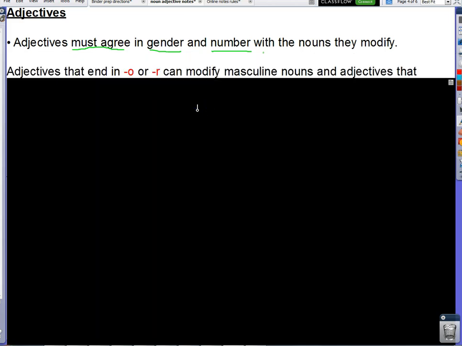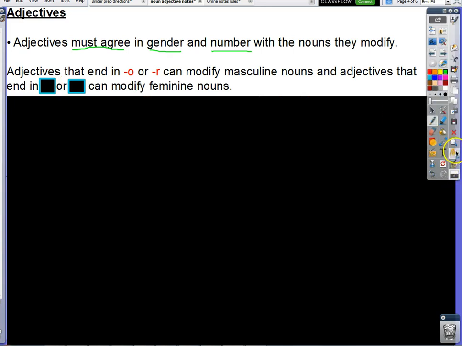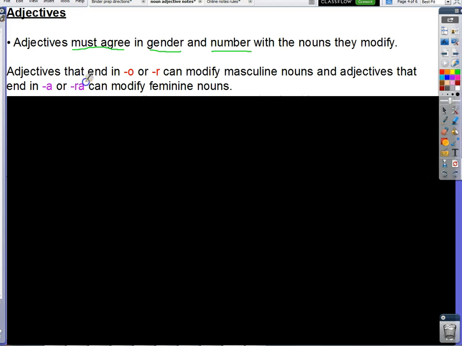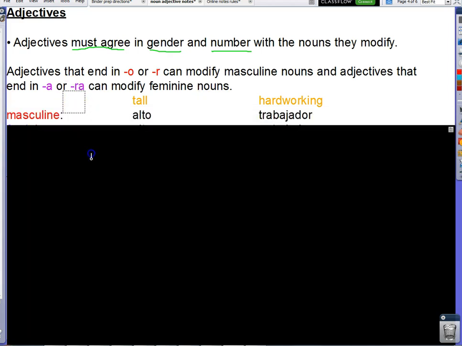Adjectives that end in o or the letter r can modify or describe masculine nouns, and adjectives that end in a or ra can modify feminine nouns. For example, tall and hardworking. If I want to say that a guy is tall, alto.